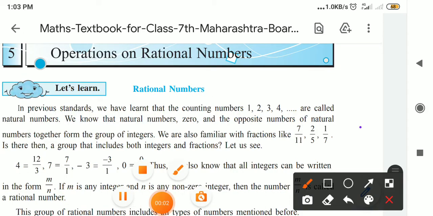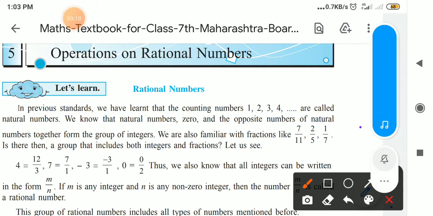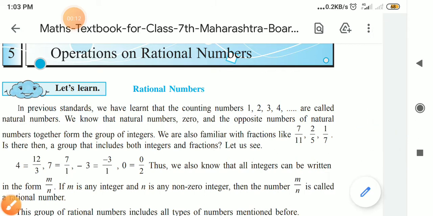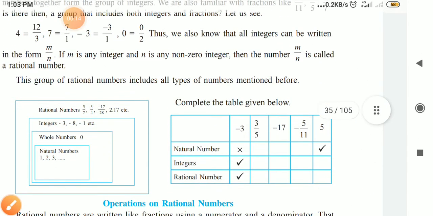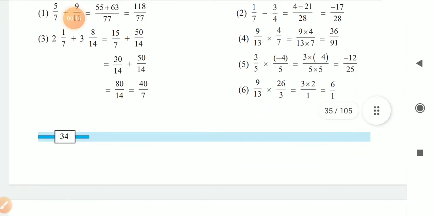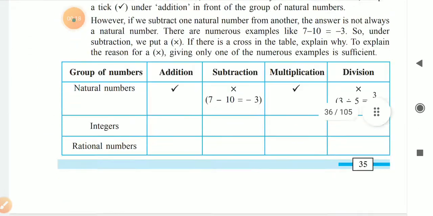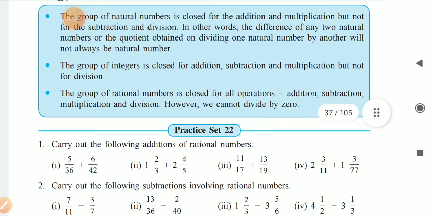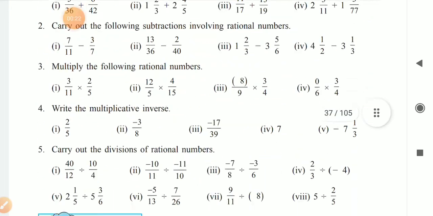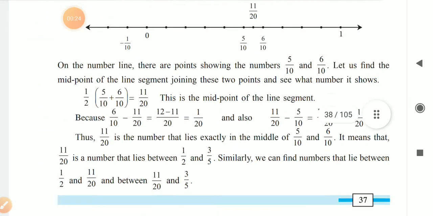Hello children. Today we will see the next part of our operation on rational numbers, and that is the division of decimal fractions. I hope before starting the next point, you solved practice set number 22.